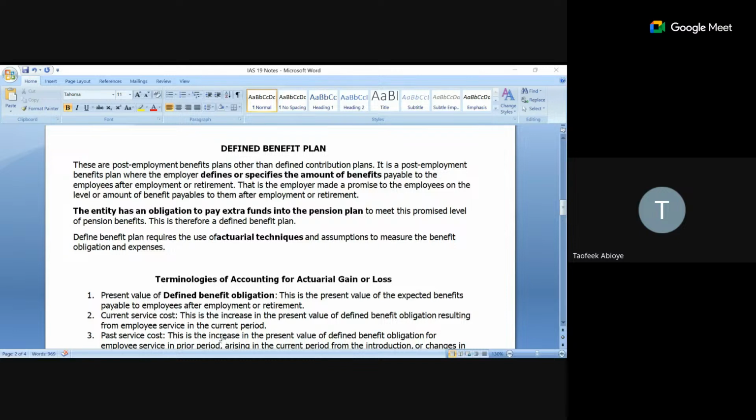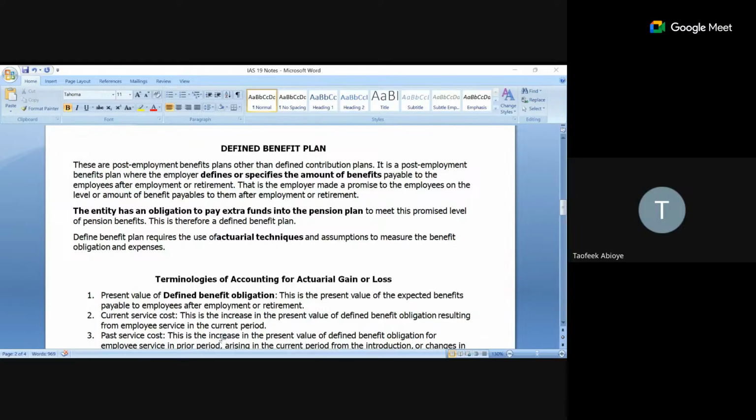So now, since the entity has an obligation to pay extra fund, it will be very difficult to determine the amount payable. And that is why a defined benefit plan requires the use of actuarial techniques and assumptions to measure the benefits.